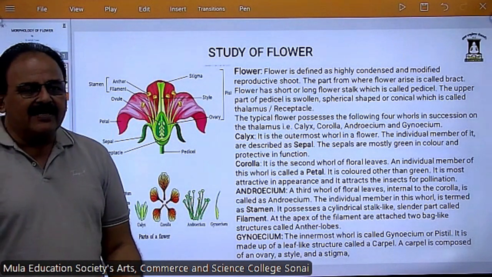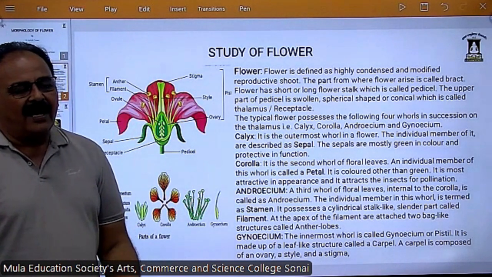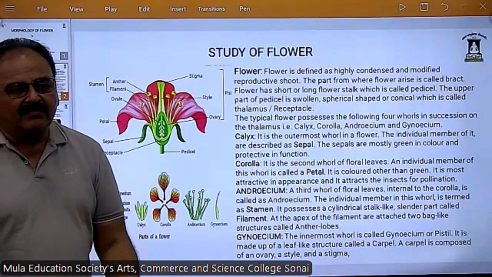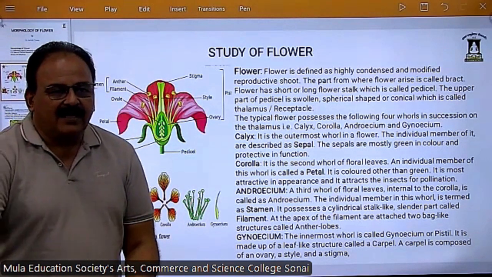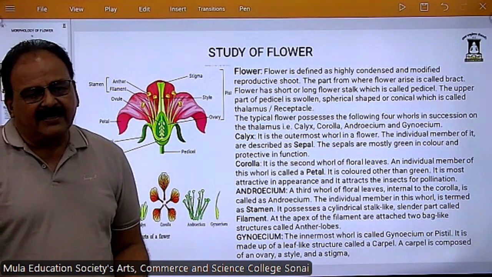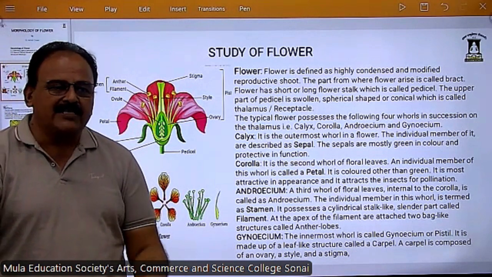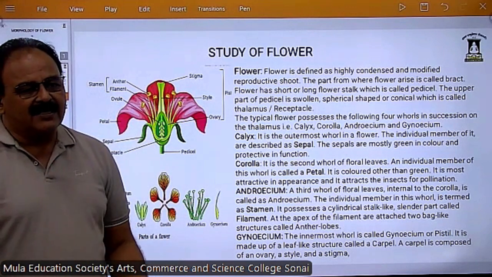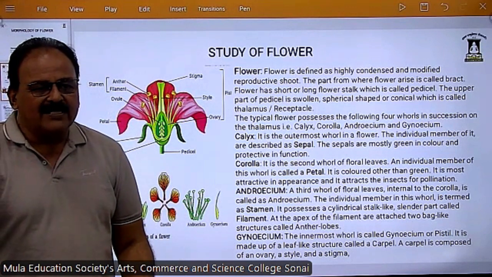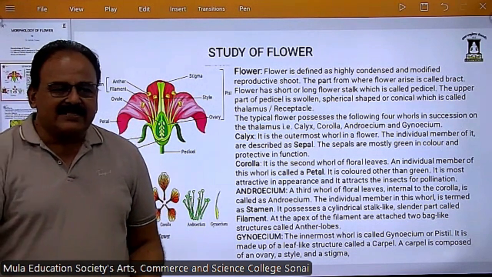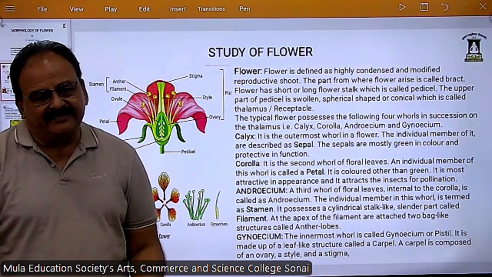It is generally green in color and it is protective in function in bud condition. Calyx may be free or united. If the calyx is free, it is called polysepalous. If the calyx is united, it is called gamosepalous. Calyx and corolla are accessory whorls.